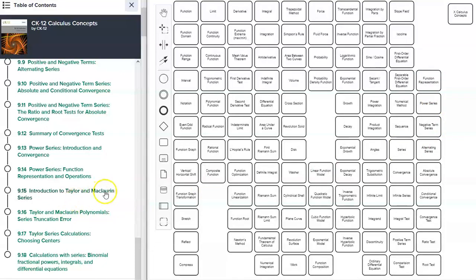We have a Taylor series and a Maclaurin series. So you can quickly tell that there are lots of series. Taylor series, Maclaurin series.